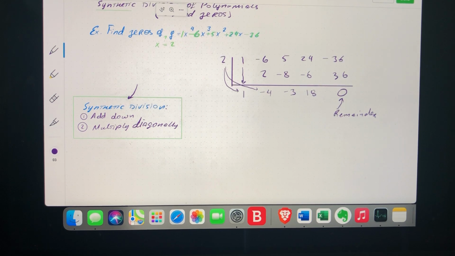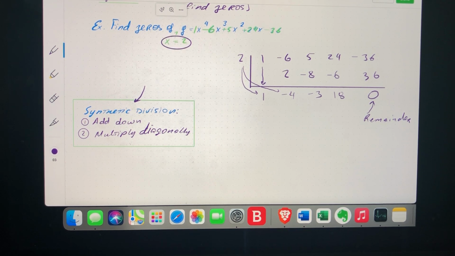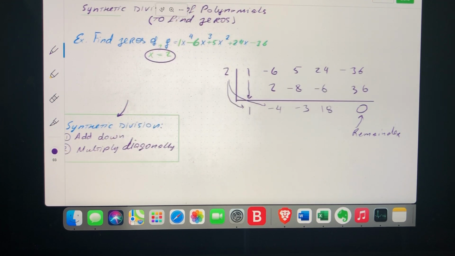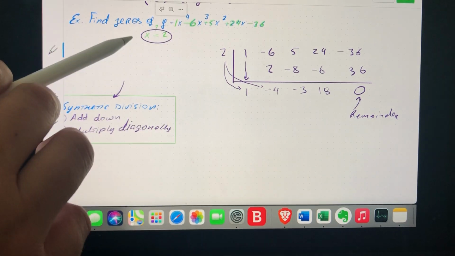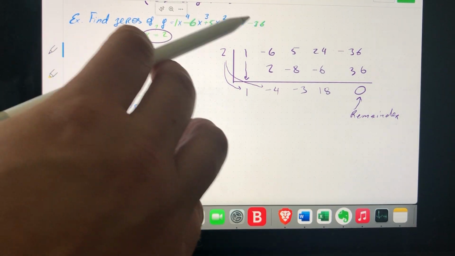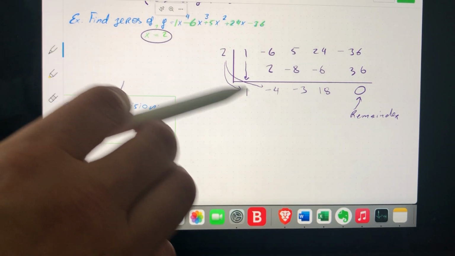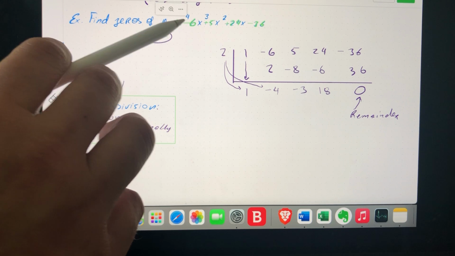So what we have just done is we have divided and we have proven that x equals 2 really is a solution. What we have really done is divide this polynomial by an x, which means all of these powers got reduced by 1. These are the numbers that go with one power less than what we started with.